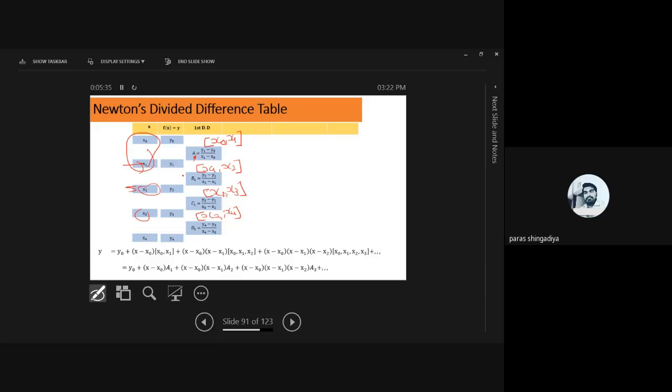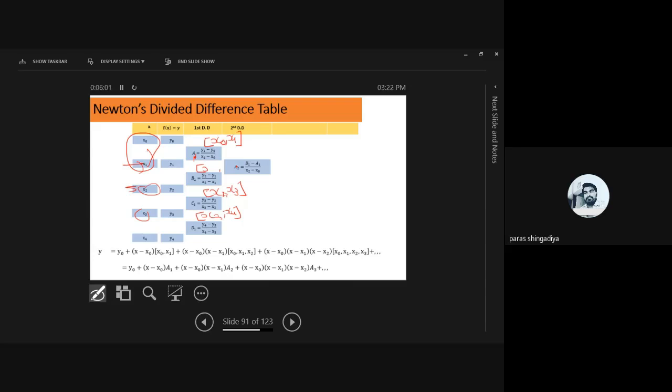Now you have the first divided difference answers, four of them, and using these four answers we will predict three differences, which will be the second divided difference. How can we predict the second divided difference? It will be the difference of a1, b1, c1, and d1. It will be b1 minus a1 divided by x2 minus x0.